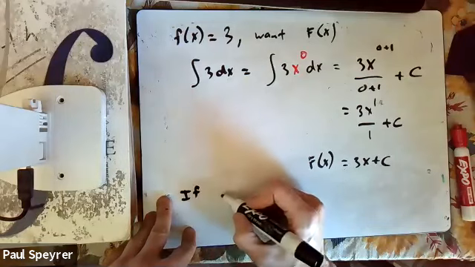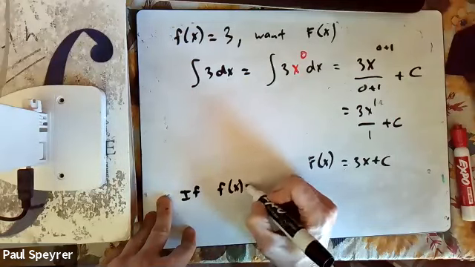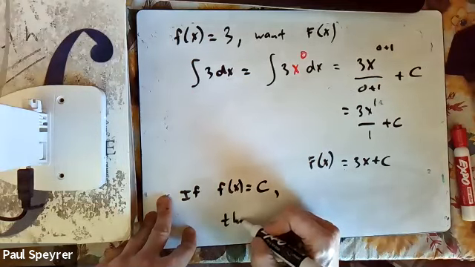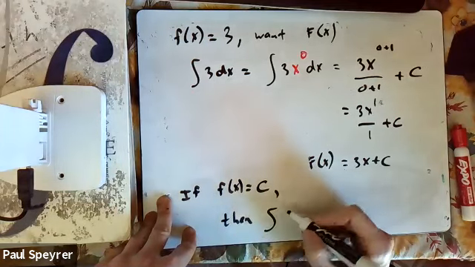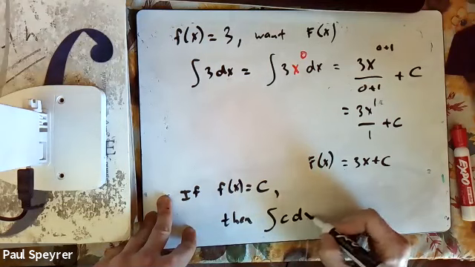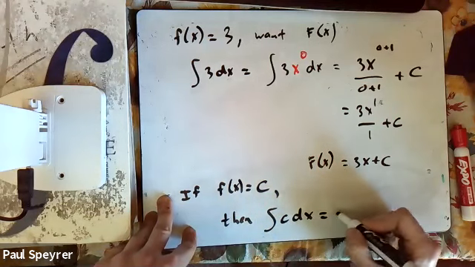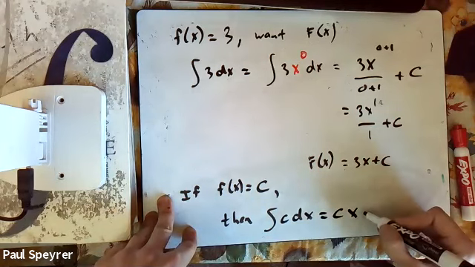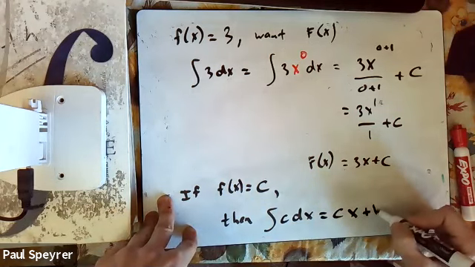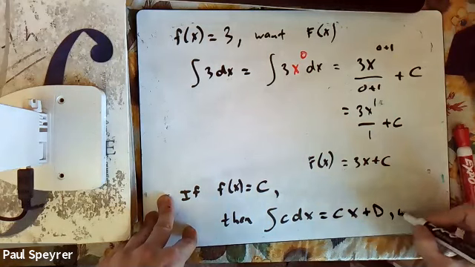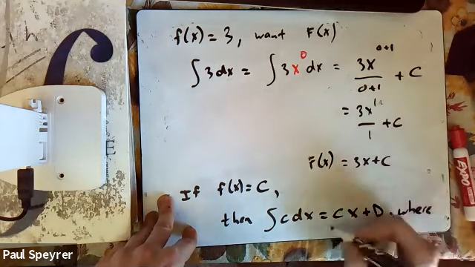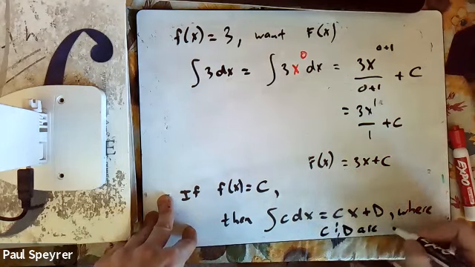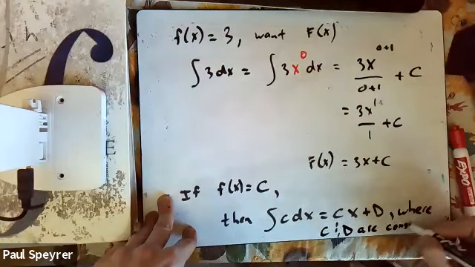So the quick and easy way to remember this is for constants: if f of x equals c, then the integral of c dx is equal to just cx plus d, where c and d are constants.